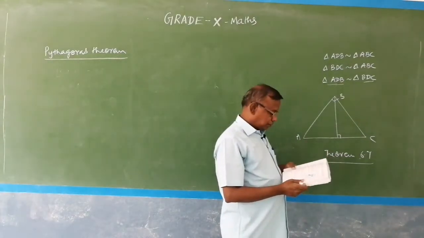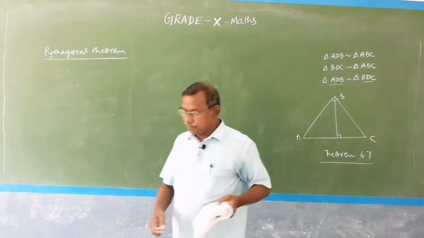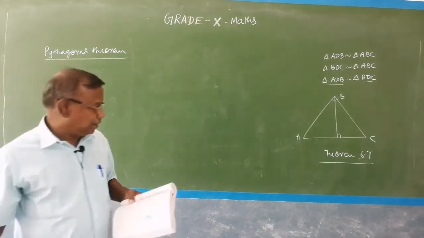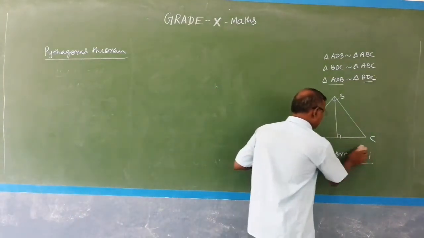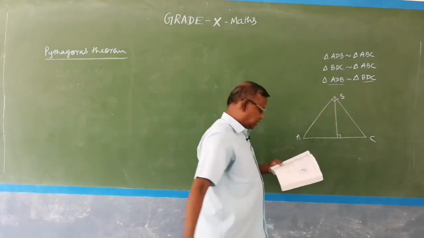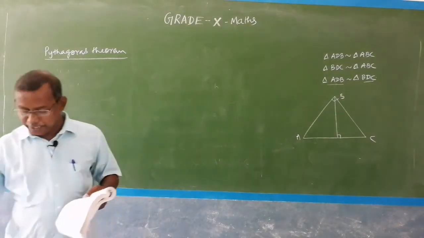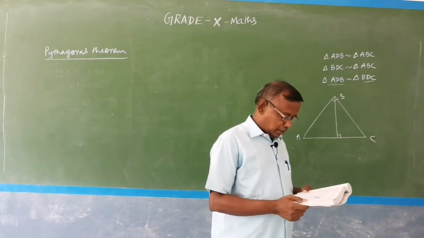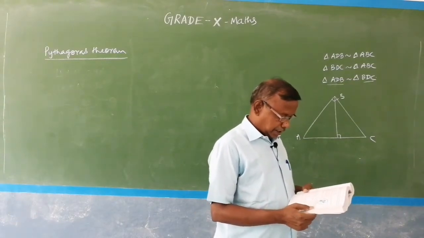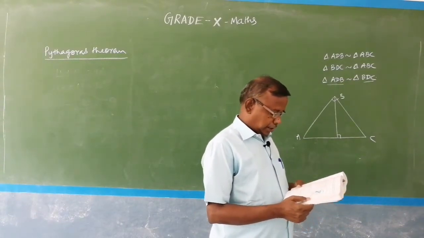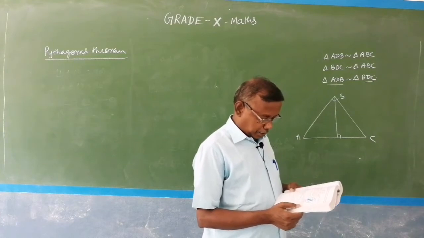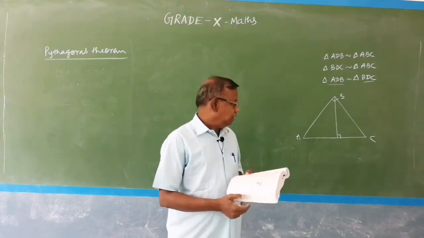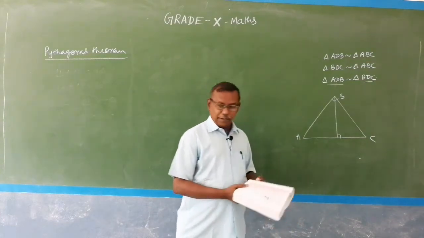Now, let us go to theorem 6.8. This theorem is the statement of the Pythagoras theorem. In a right triangle, the square of the hypotenuse is equal to the sum of the squares of the other two sides.